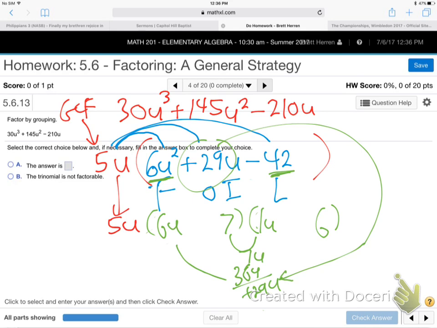Can a 36 and a 7 make plus 29u? Yeah, plus 36 minus 7.